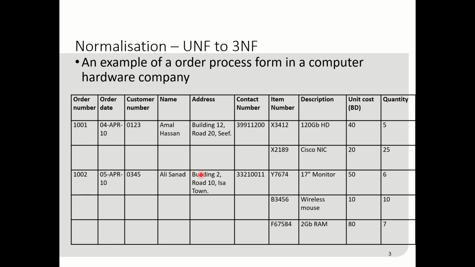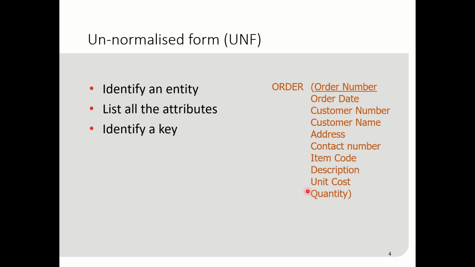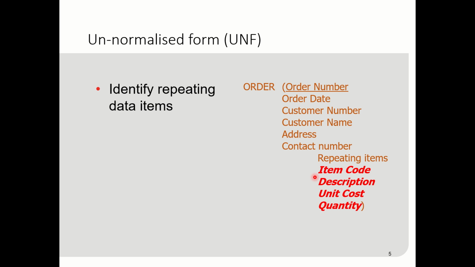When you look at the second order number, item number, description, unit cost, and quantity are the repeating ones. So these are the 4 different attributes which are repeating in the whole set of attributes, which means they are multi-valued attributes. So these are the repeating items.